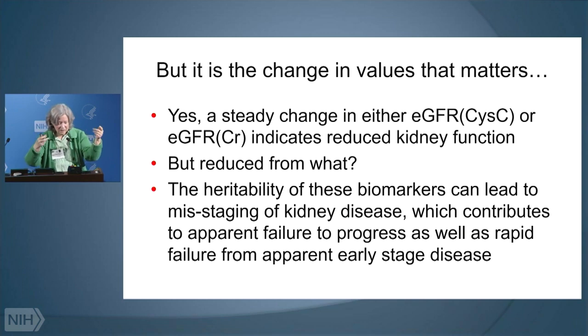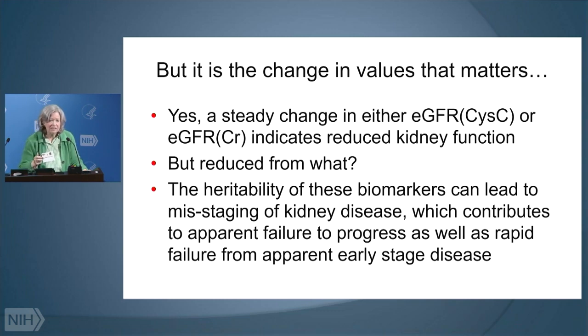When I talk about this with nephrologists, the first thing they say is, well, no, but we only care about the changes. That's the only thing that matters. It's the changes that tell us. Except many people with their first creatinine level are in some stage of kidney failure. So we're using absolute values, not just changes, in the way we label people and follow them.